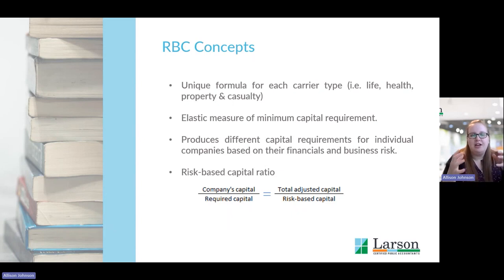Then the last thing, just to have as a frame of reference, is what the RBC ratio looks like. The numerator in that calculation will take into account what your actual surplus is as a carrier, and then it will compare that to the required surplus from the RBC calculation. We're going to circle back to this formula at the very end once we've talked through all of the inputs.